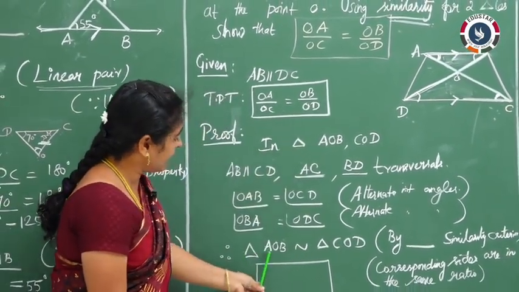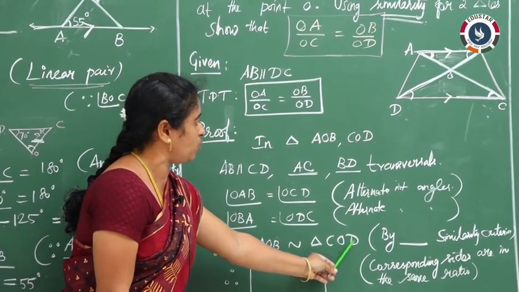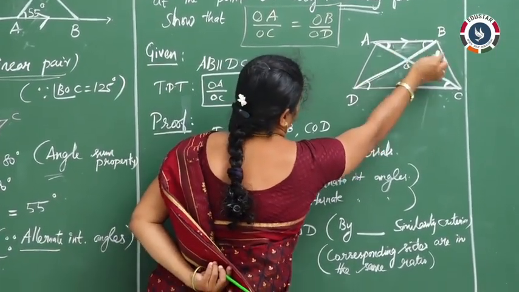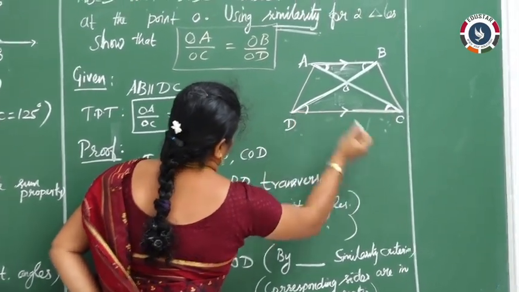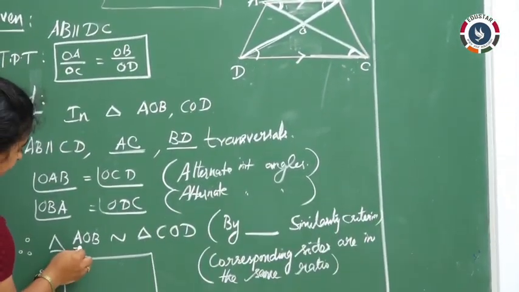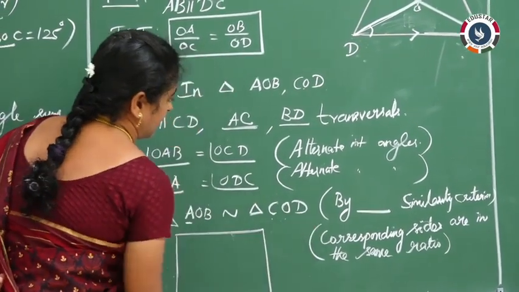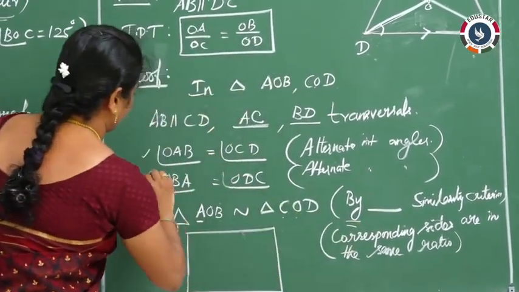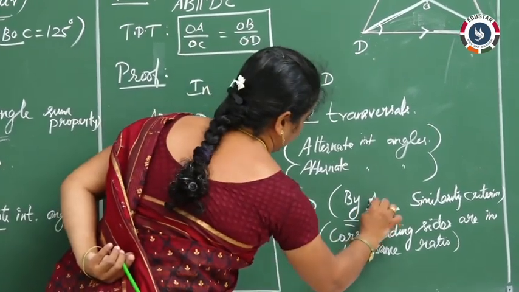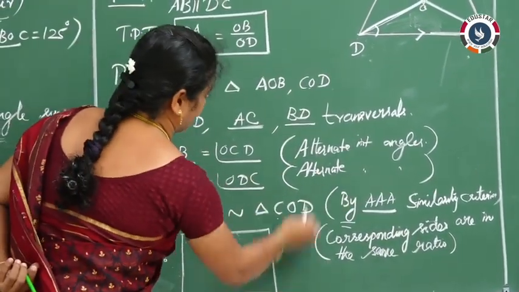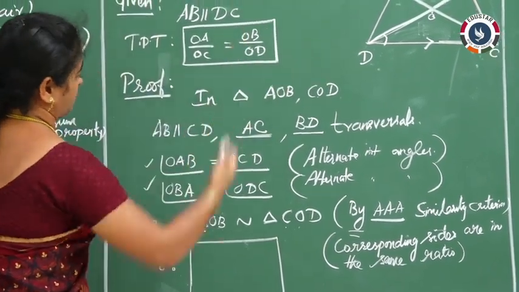Next, triangle AOB is similar to triangle COD. Which 2 triangles are similar now? Triangle OAB and OCD. By which property? We have proved that 2 angles are equal, so by the AAA similarity criterion, those two triangles are similar.